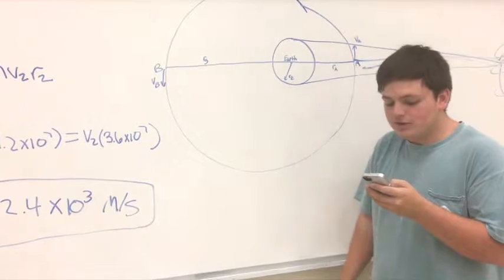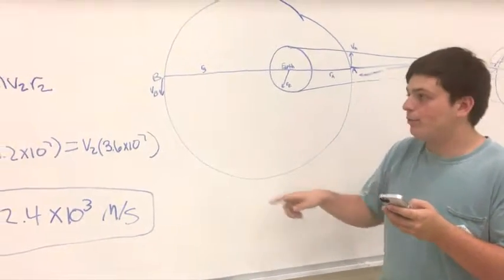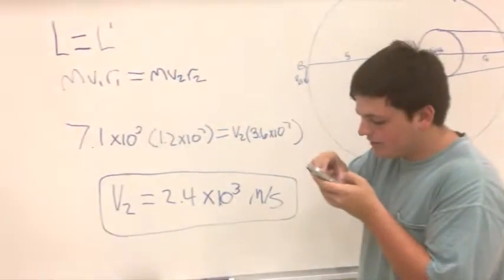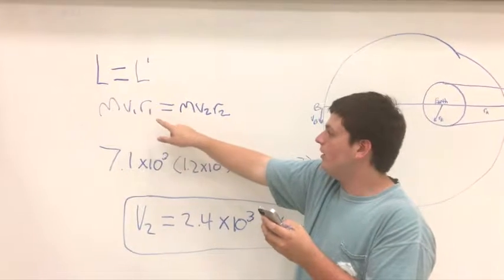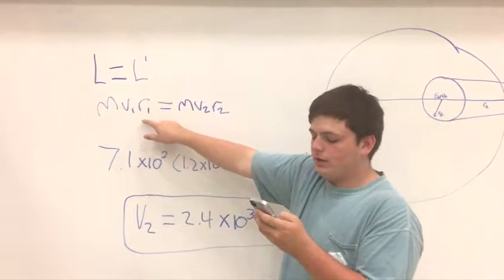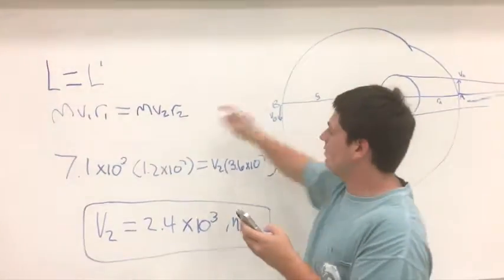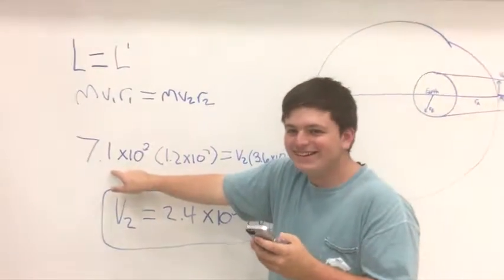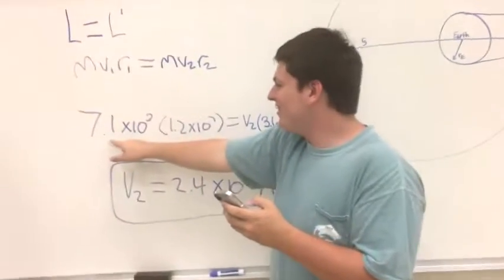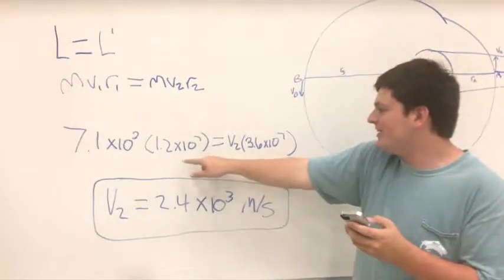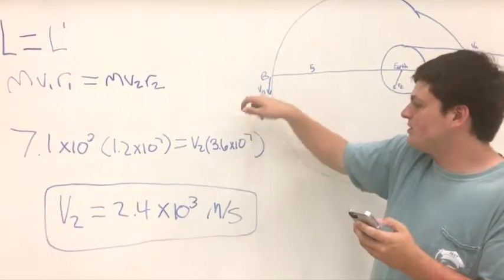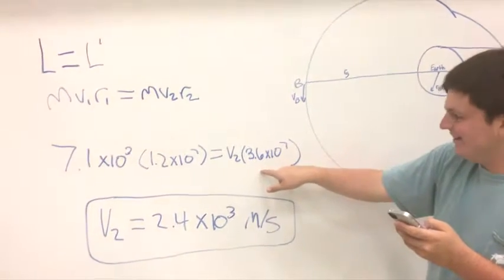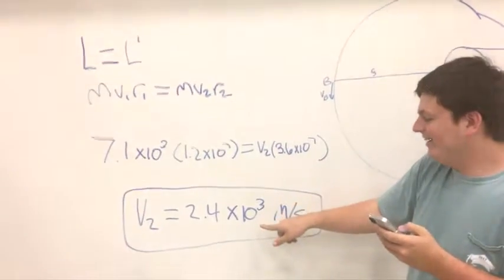For C, we're going to determine the speed VB of the spacecraft at point B. We use conservation of angular momentum, the mvr equation from point A, and use it for point B. So 7.1 times 10 to the 3rd multiplied by RA equals VB times RB.